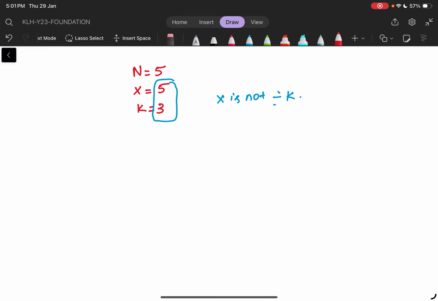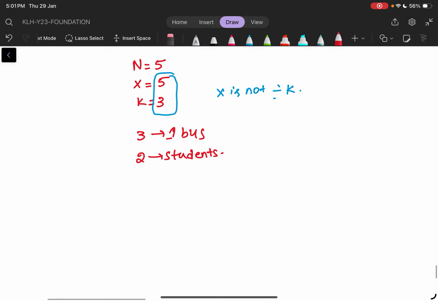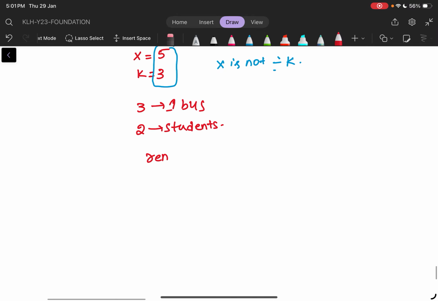If we accommodate 3 students in one bus, 2 students will be remaining. We can find the remaining students using the formula x mod k. So the remaining students will be 2.